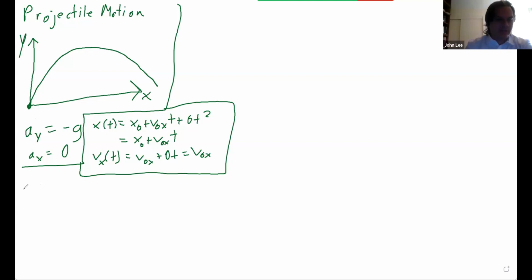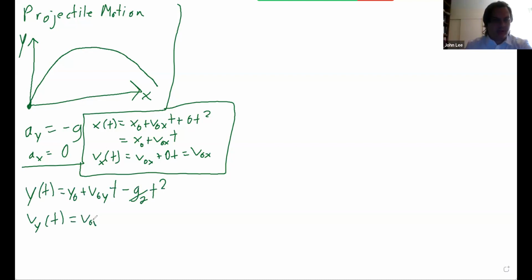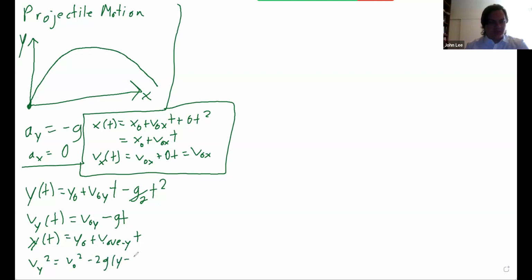So for y of t, you have something a little more complicated, where y of t equals y naught plus v naught y t minus g over 2 t squared, and then vy of t equals v naught y minus g t. y of t is equal to y naught plus v average y t, and then vy squared equals v initial y squared minus 2g times (y minus y naught).